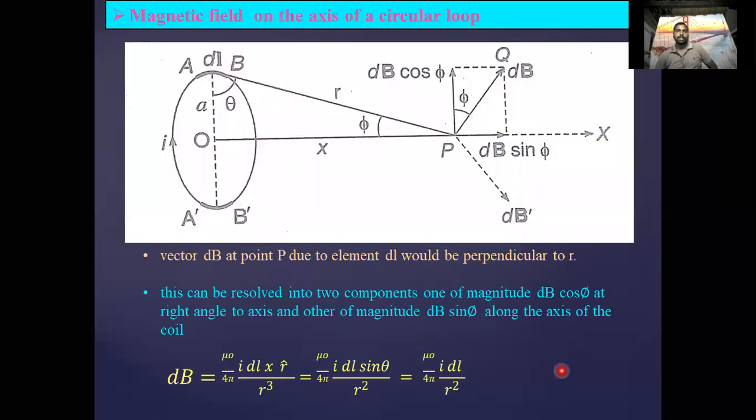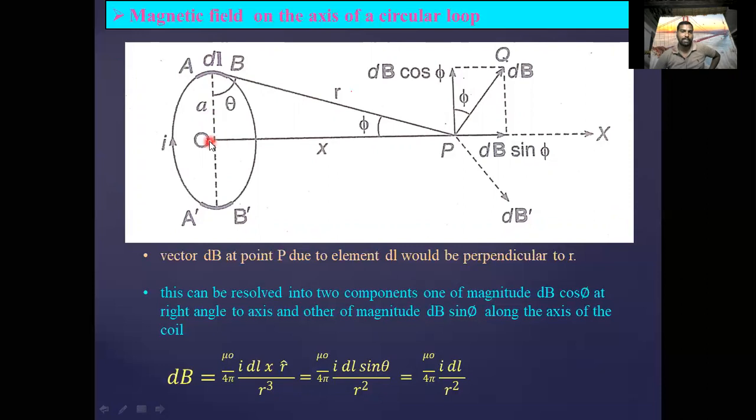Now another application, magnetic field on the axis of a circular loop. Here we have a circular loop, as shown in this figure, and AB is an element on the circular loop, that is the dl value. The circular loop has area A, and the coil's radius is a.